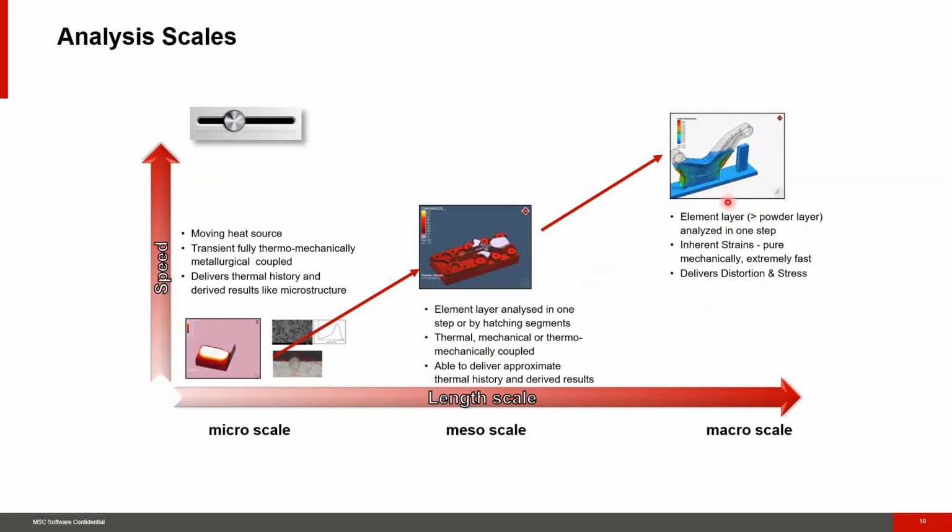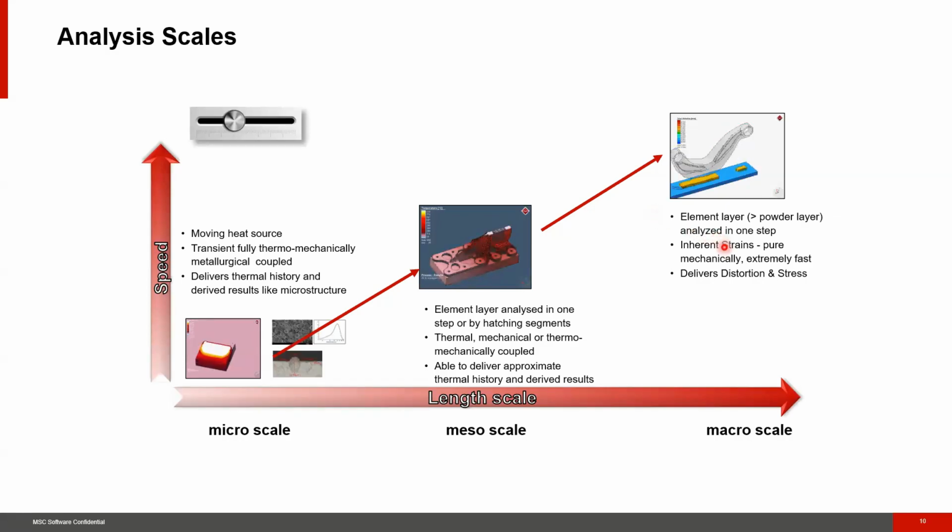You can see the animation here where we are depositing the material layer by layer. There will be inherent strains developed on the part. Whenever we are building a part like this, there will be a lot of effects due to the thermal strains, which are due to the heating of the laser. And then there can be the metallurgical aspect, which causes strains as well.